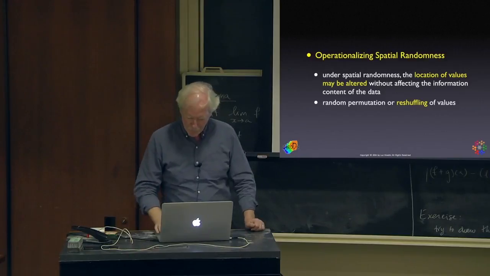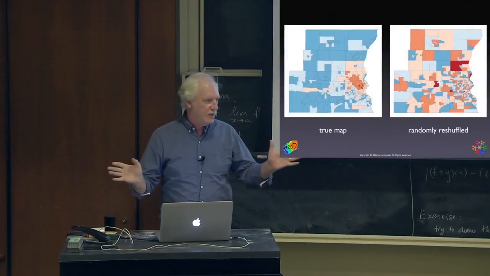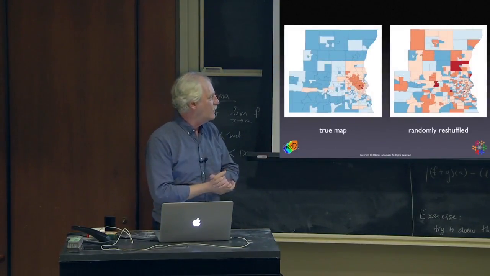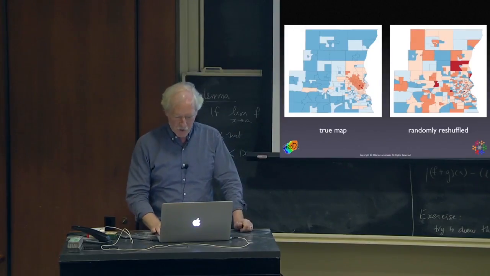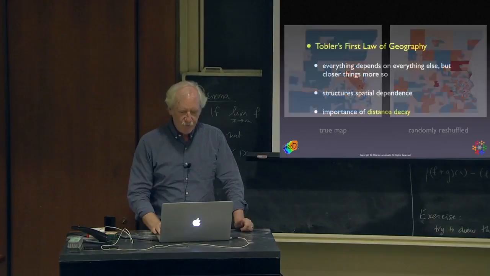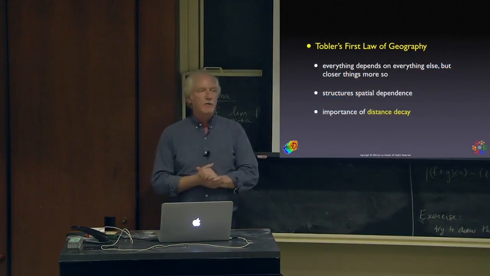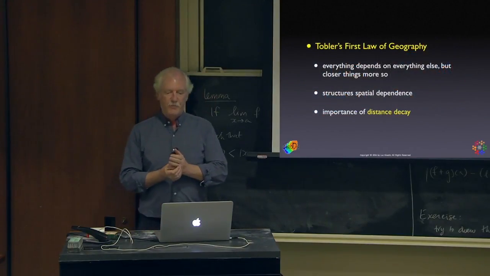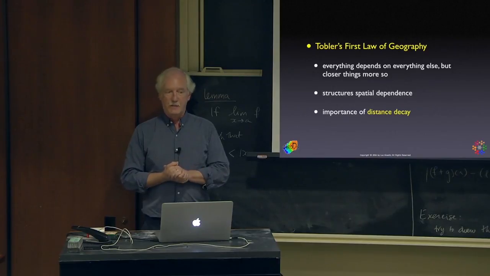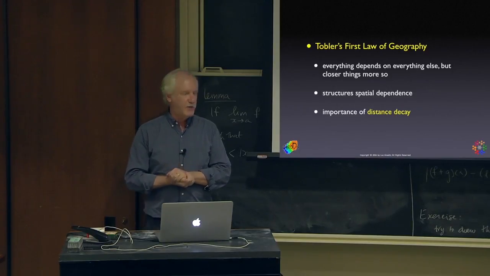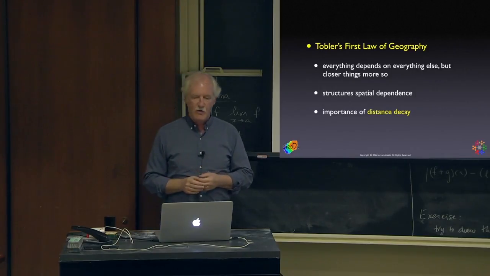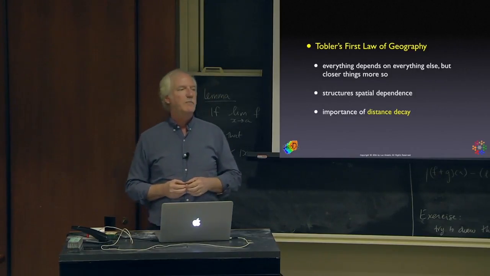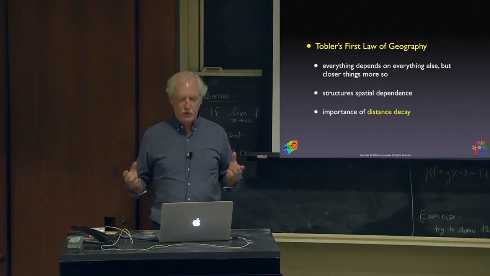Okay. So you've seen this map before. I hope by now you know which is the real Milwaukee and which is the fake Milwaukee. The structure that we're interested in is something that makes sense. And here it's very important to think of what is called Tobler's first law of geography. Everything depends on everything else, but closer things more so.